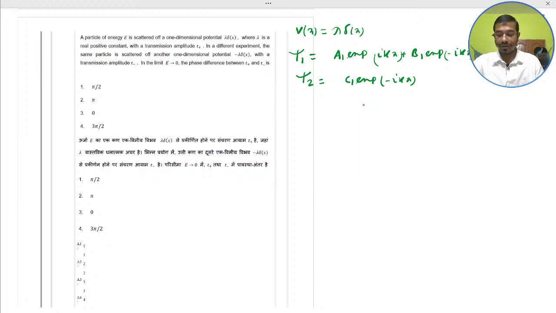So apply the Schrödinger equation. Now at x equal to 0, a1 plus b1 equals c1.